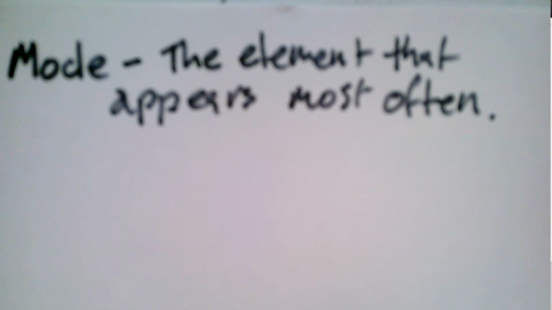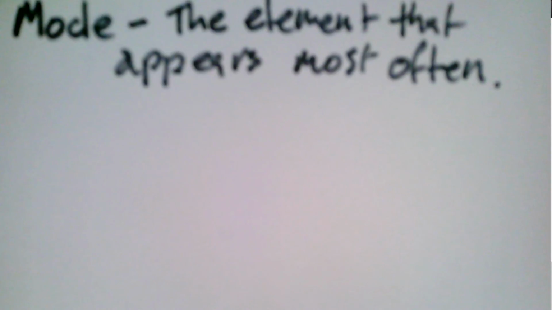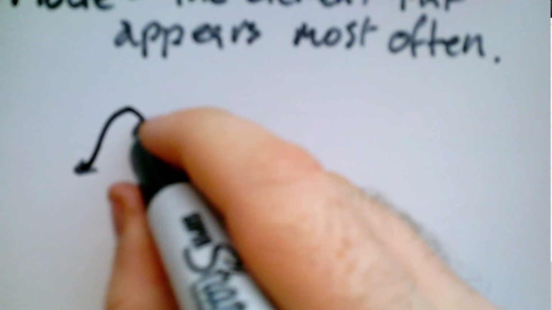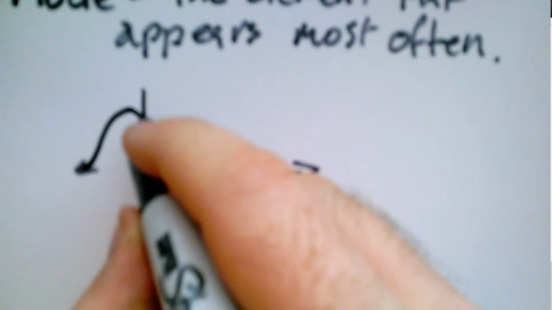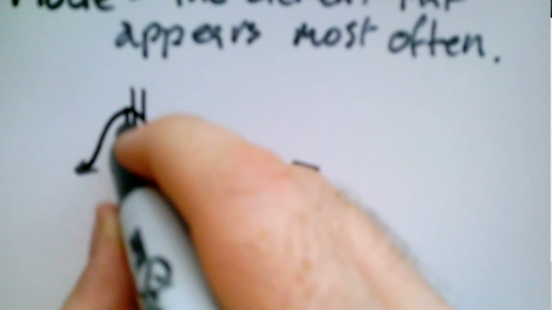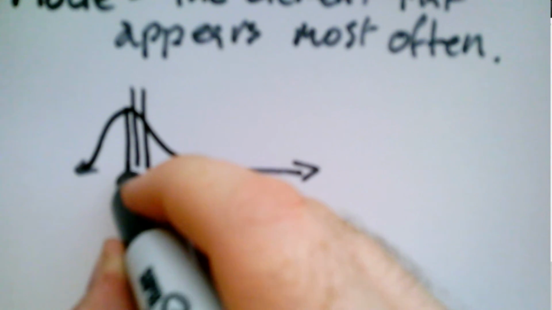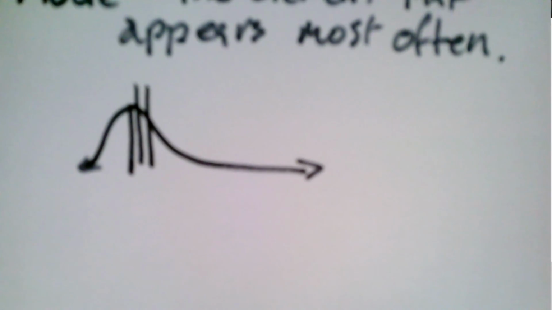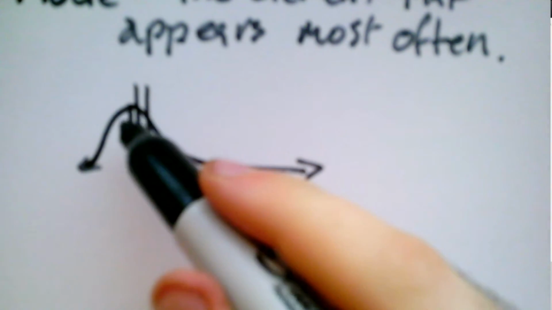So, what does that mean for the shape of a graph? Well, if you have a distribution that's like this, then your mean might be over here, and your median might be over here, and your mode is going to be this peak. So the mode is the most often occurring value.